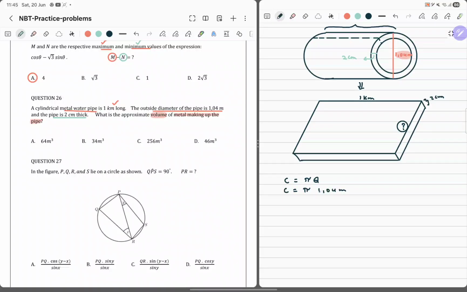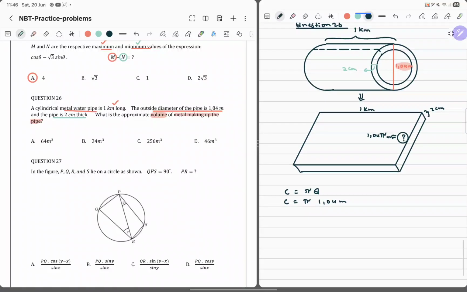So this is our circumference. This means our width here becomes 1,04 pi meters. Okay, right. So that's cool.